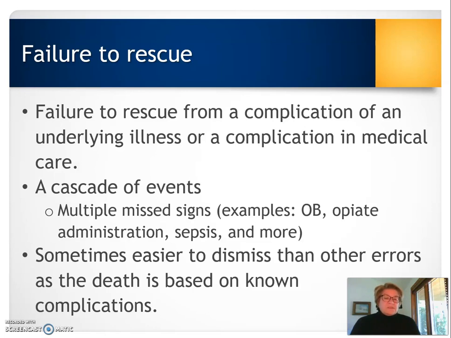It's multiple missed signs. So for example, OB is a classic scenario where perhaps deceleration wasn't noted or was noted, but written off as maybe just a one-time issue. Maybe there's a change of shift. Maybe it's not communicated. The baby runs into trouble and they look back over the strips and they can see where there's signs of an issue earlier.